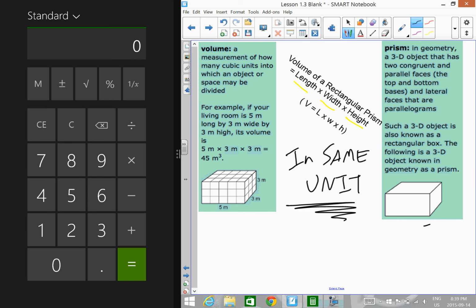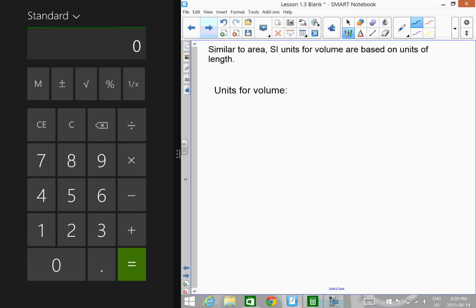Now let's do a couple examples of using these. Oh, sorry, before that. Units for volume, right? And we're talking SI units, Système International. So we measure them in cubes.